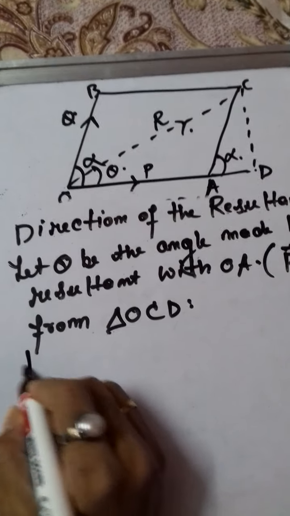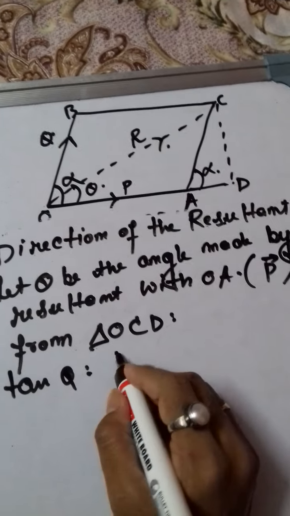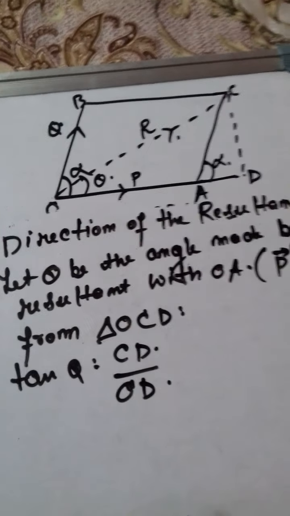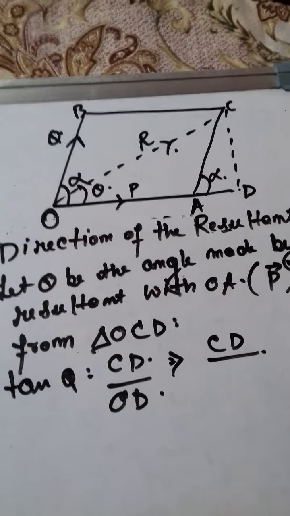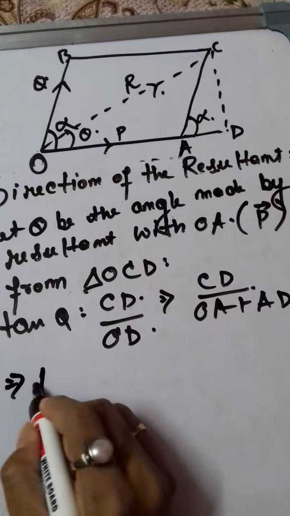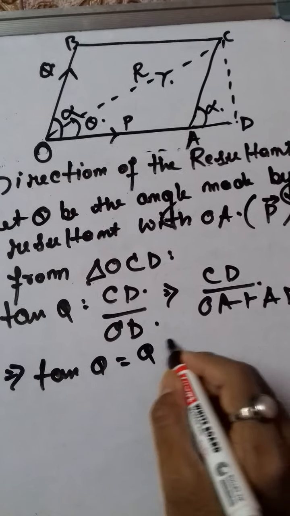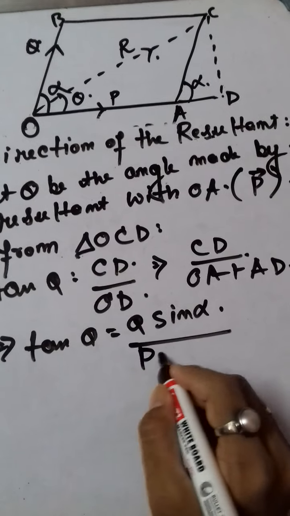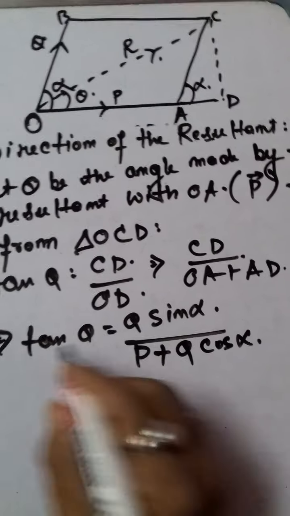In triangle OCD, what we get from simple trigonometry, tan theta is equal to, all of you know I think, CD divided by OD. Now OD can be written as OA plus AD. Now let us substitute all the values which you have got in the previous expression. So CD was equal to Q sin alpha and OA was P and AD was equal to Q cos alpha.